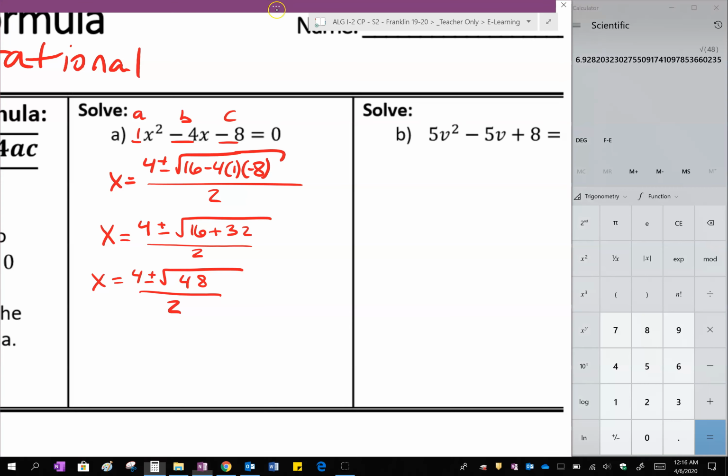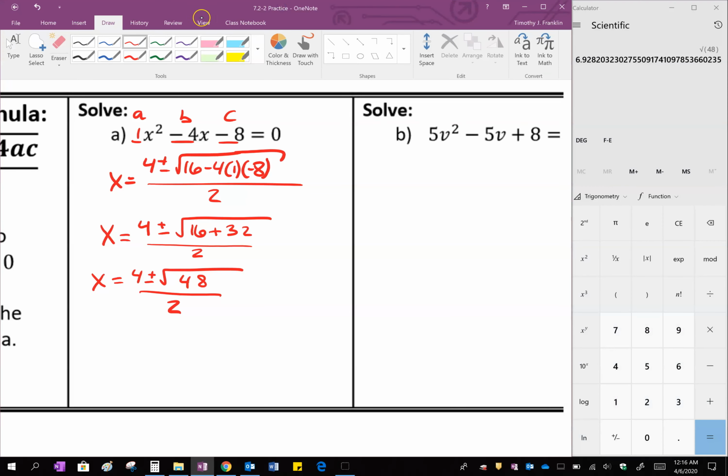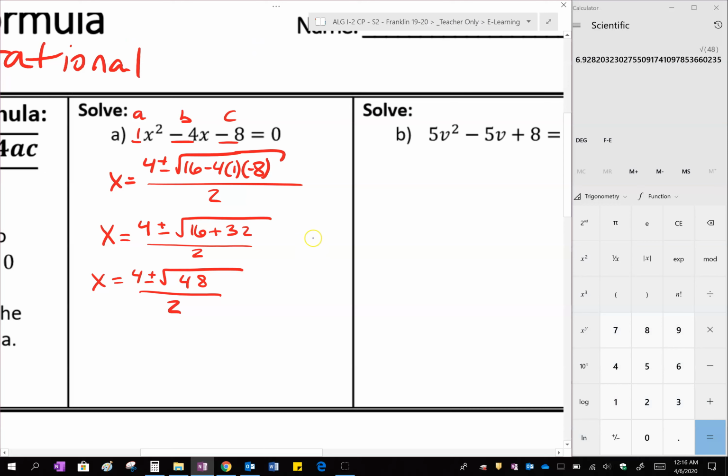So we have to simplify the square root of 48. Let's see if 48 has any perfect square factors. We know 4 is a factor of 48, and that's 4 times 12. Well, 12 also has a perfect square factor of 4 times 3. So we know that 16, 4 times 4, is a perfect square factor of 48, 16 times 3.